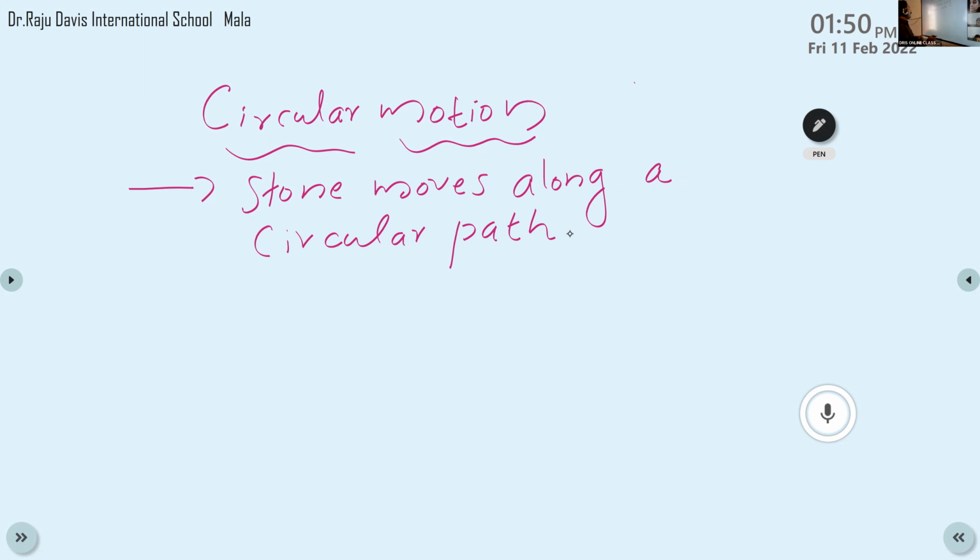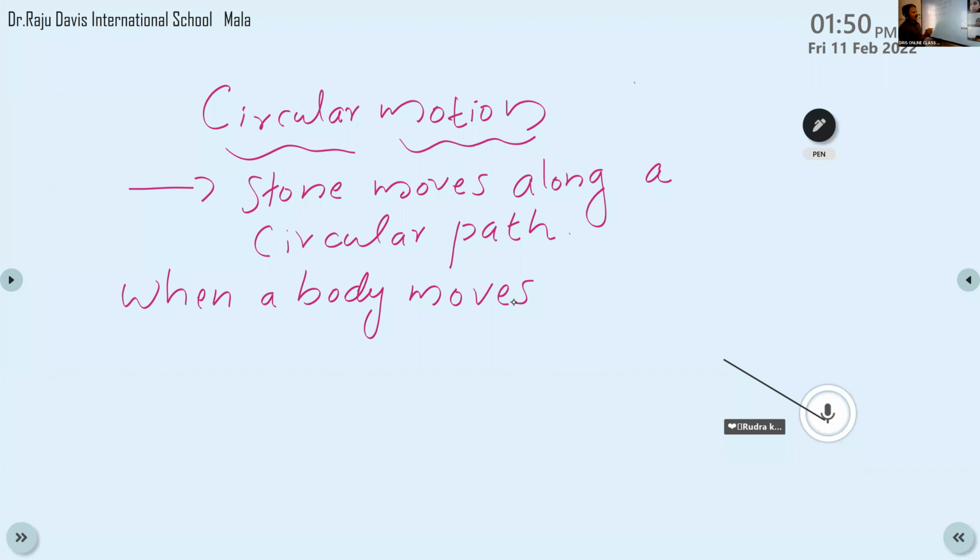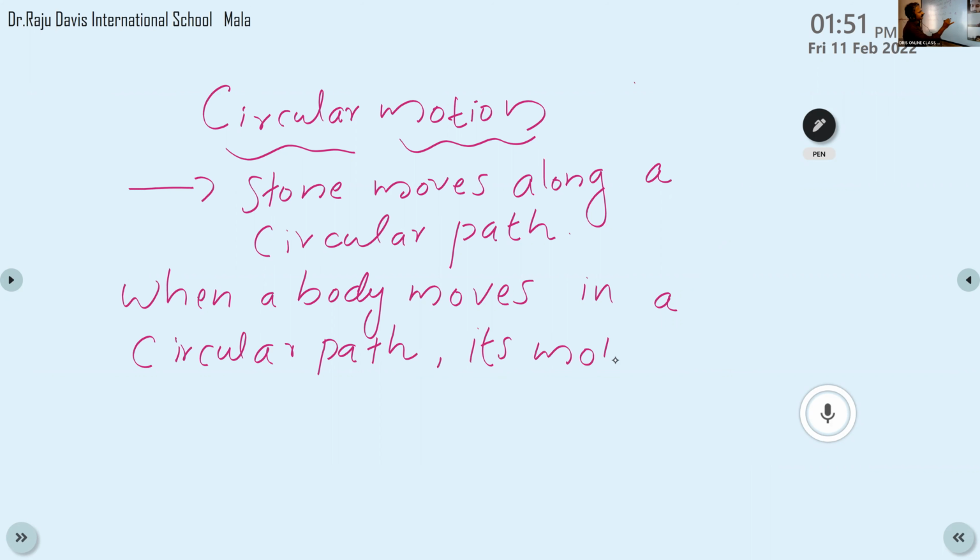So that means when a body moves in a circular path, its motion is known as circular motion.